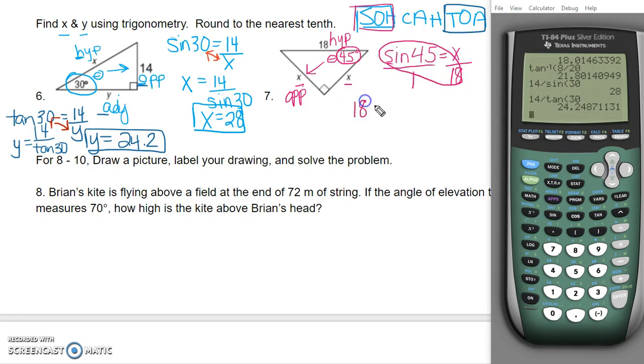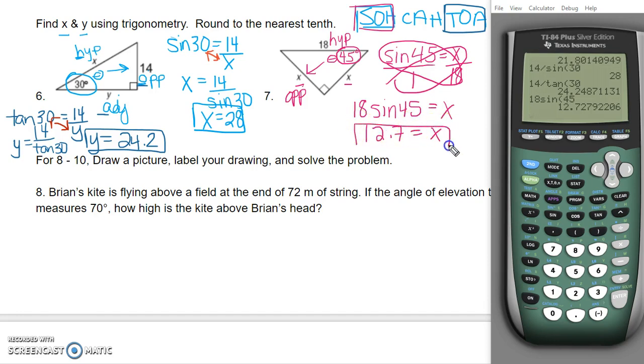So I'm going to multiply 18 sine of 45, and that equals the cross multiplication of the other direction, x. So in my calculator, I type in 18 sine of 45, enter, and I get my answer. 12.7 is equal to x. And since I have two x's, they are both 12.7.